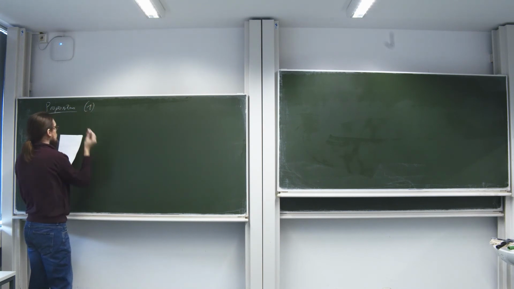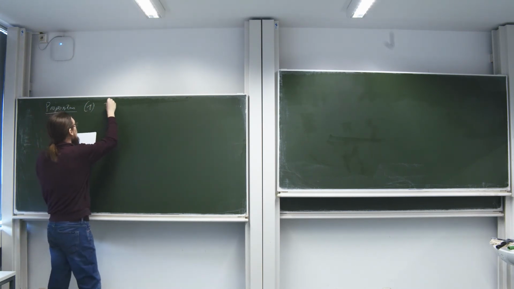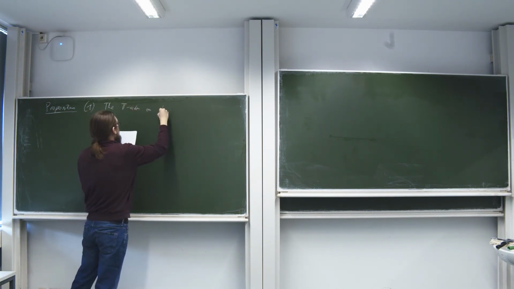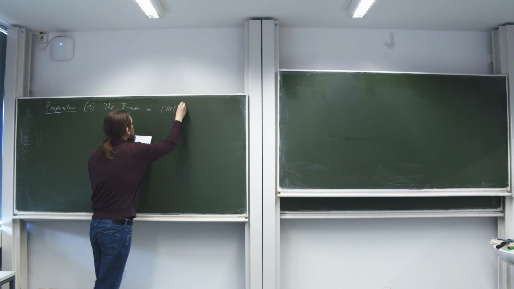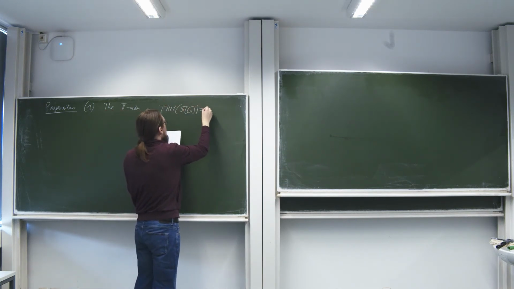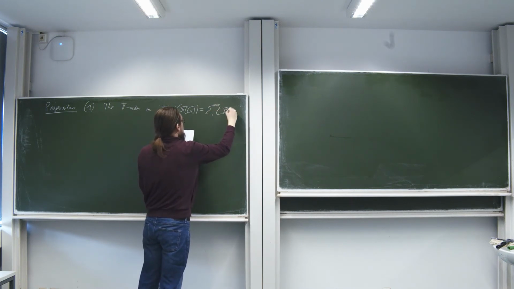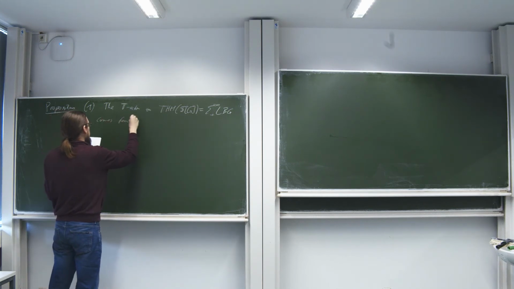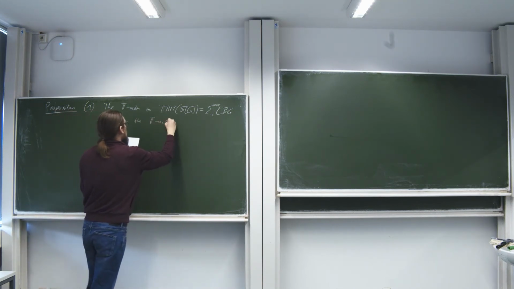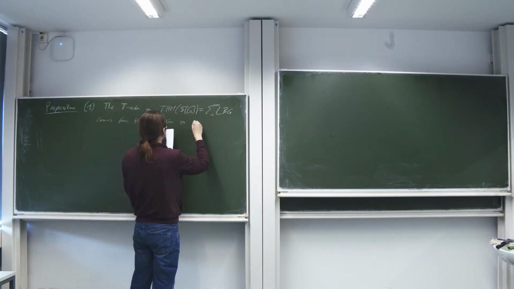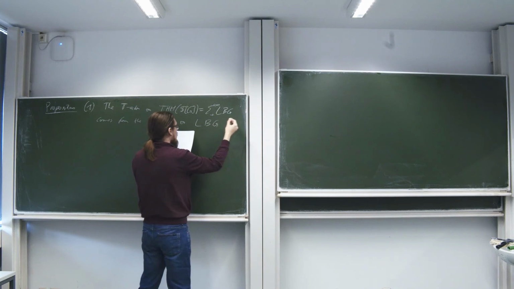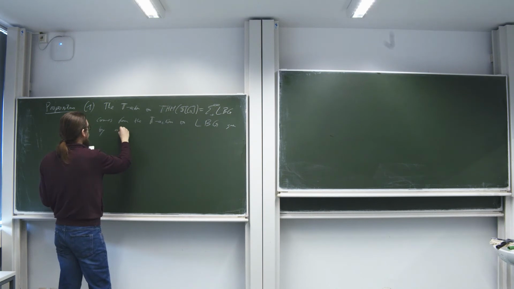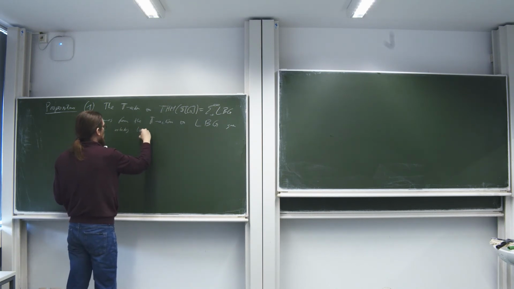And so here's the two statements. So first of all, the T action on THH of S[G], i.e. Σ^∞_+ LBG, comes from the T action on LBG given by rotating loops.